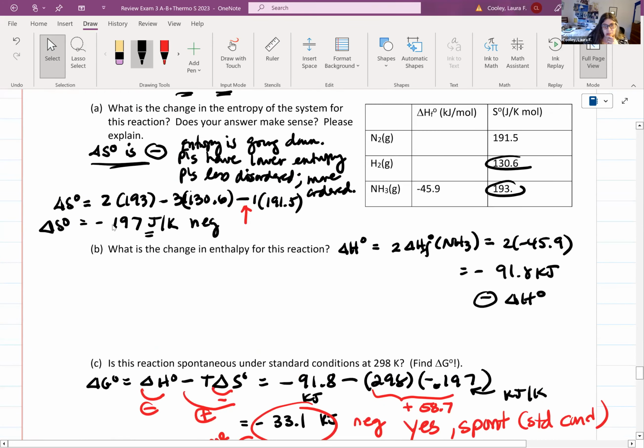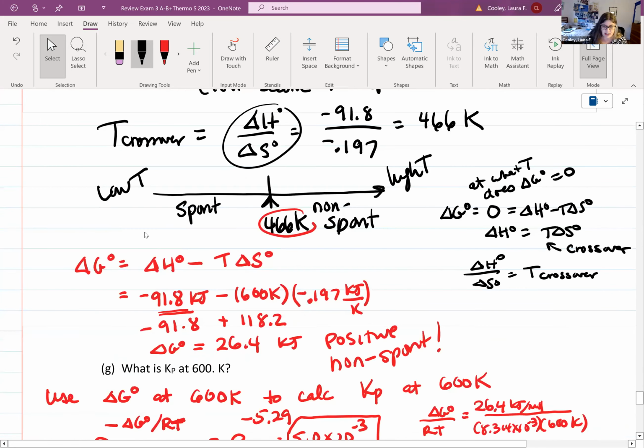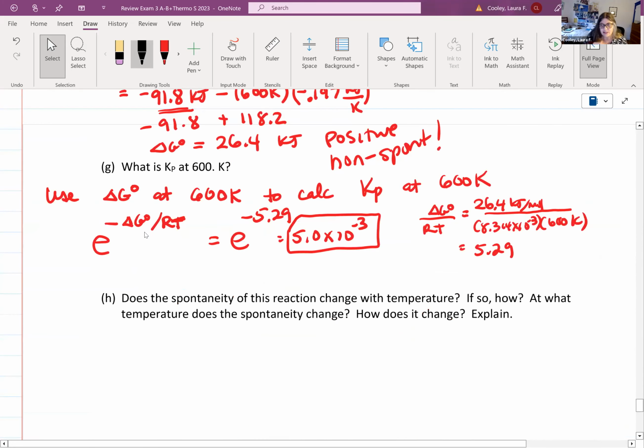At high temperatures, that negative delta S really makes the delta G positive. It makes the reaction non-spontaneous, and the K takes a nosedive. The equilibrium constant goes from being way greater than 1 to being way less than 1. So spontaneity changes a ton in this range.